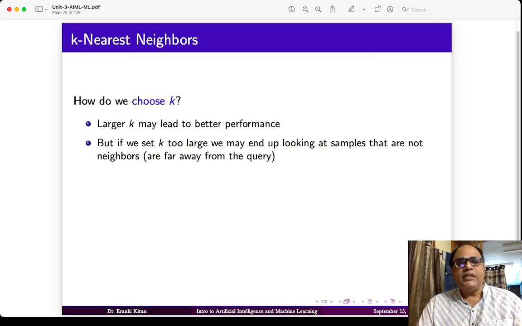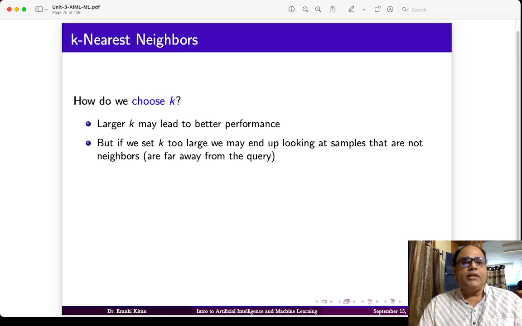A larger k may lead to better performance, no doubt about it, because you are going to combine several neighbors. As a result, your accuracy can be high. But at the same time, when you increase the k value, you are also likely to overfit the model because the noise might also join as a neighbor.